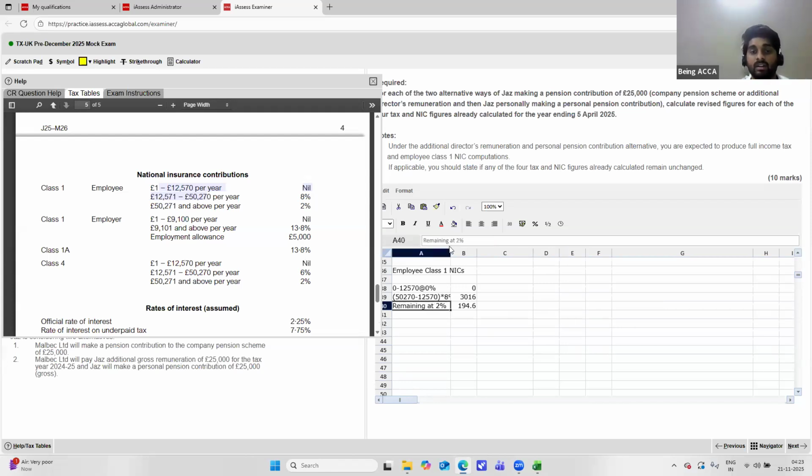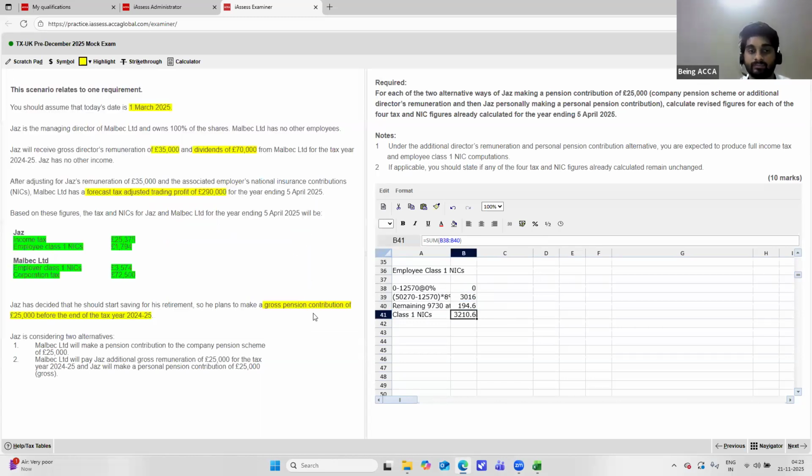Remaining 9730 at 2%. All right, giving you a total class 1 NICs to be the sum total of these three values. And that is how you calculate your employee class 1 NICs.